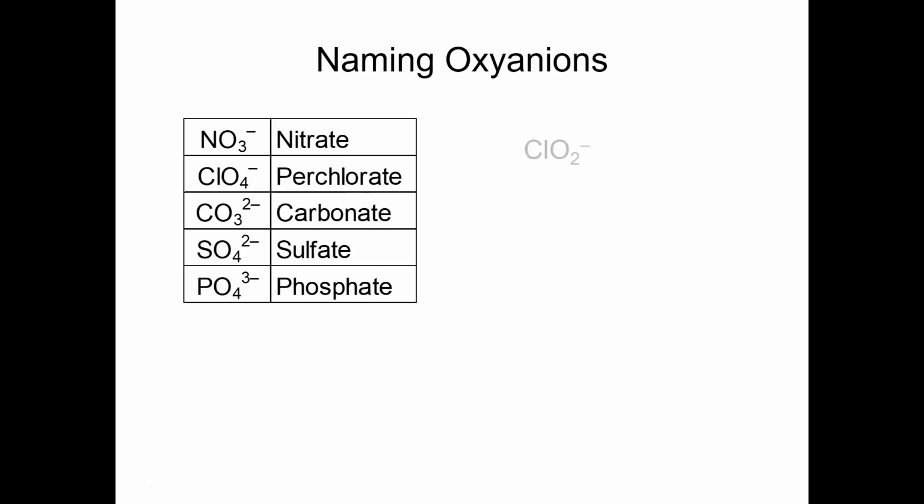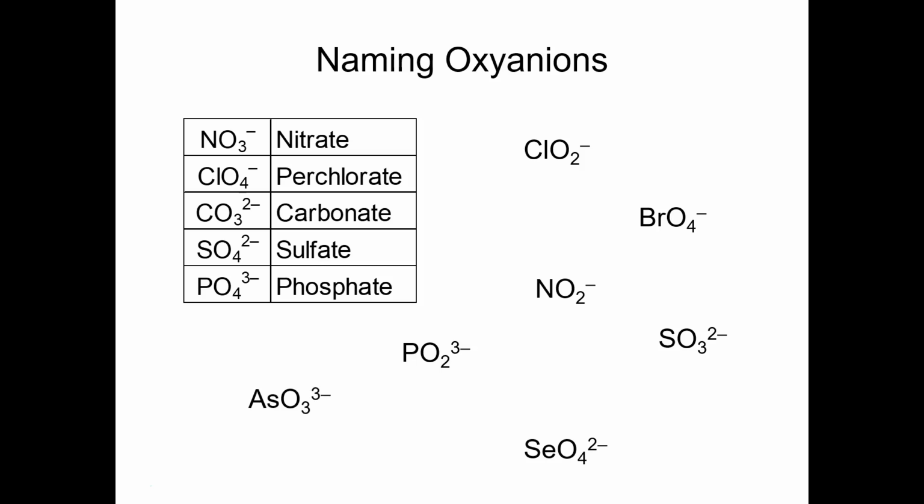But there are lots and lots of different oxyanions. I'm just going to give you a bunch of examples here. ClO2 minus, BrO4 minus, NO2 minus, SO3 2 minus, PO2 3 minus, SeO4 2 minus, AsO3 3 minus. You've never seen any of these.